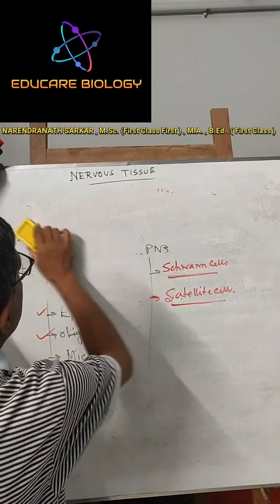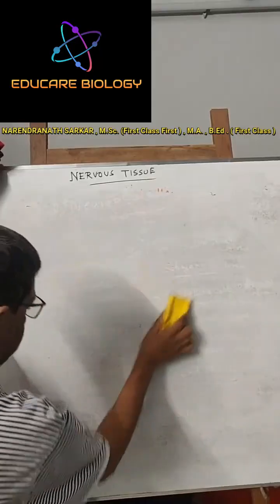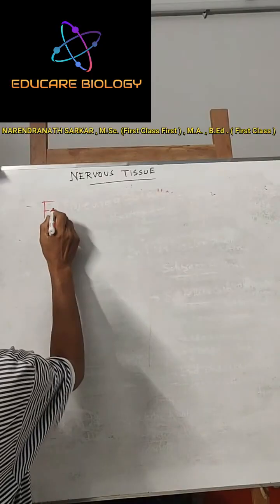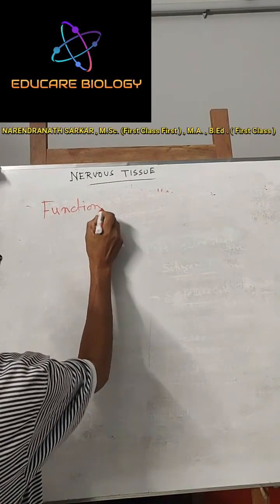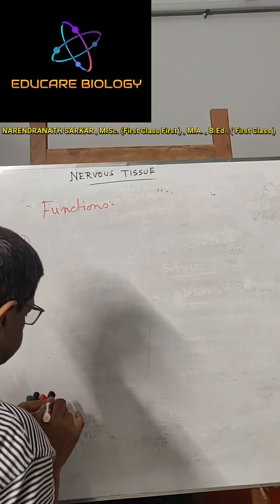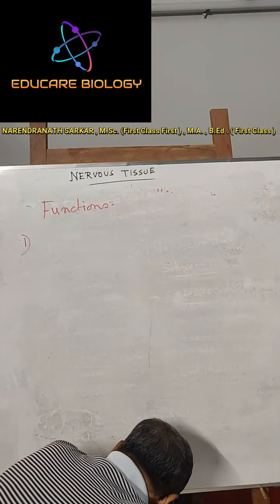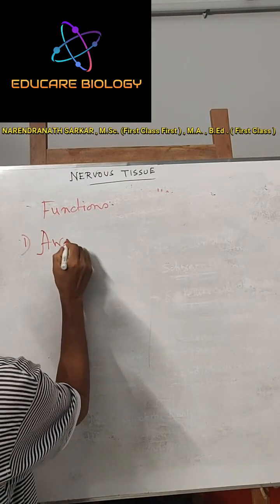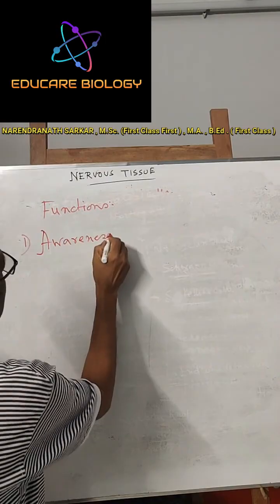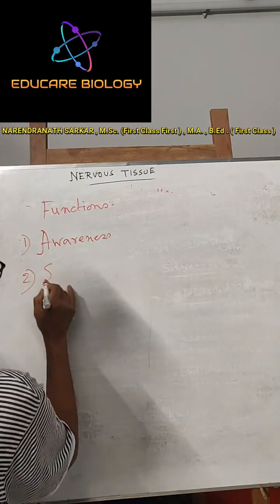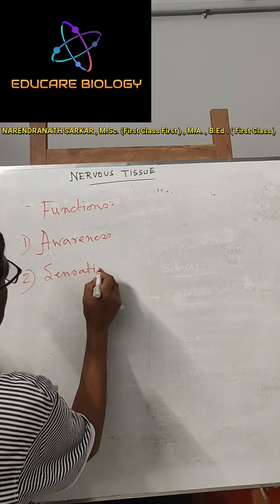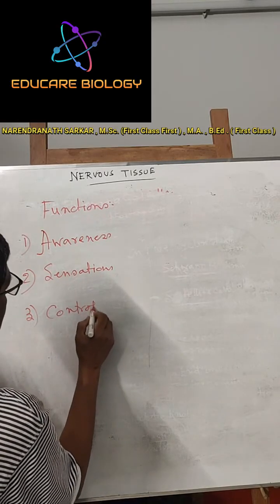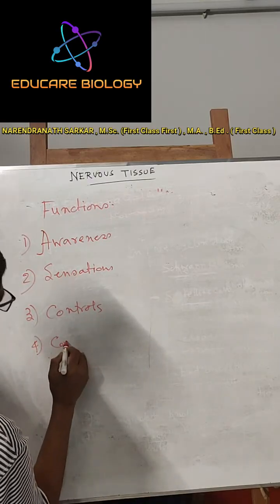Next, functions of nervous tissue. First function, awareness. Second, sensations. Third, controls. Fourth, coordination.